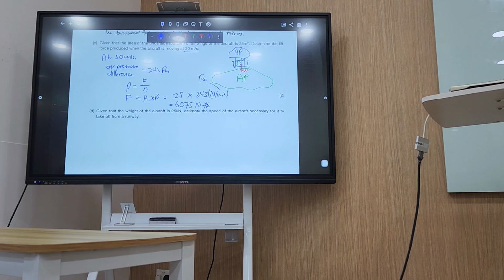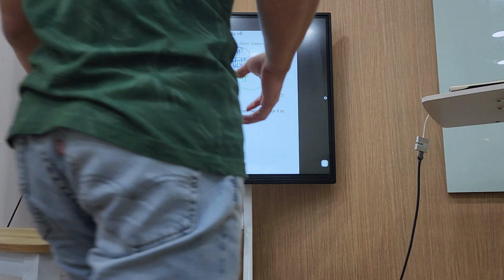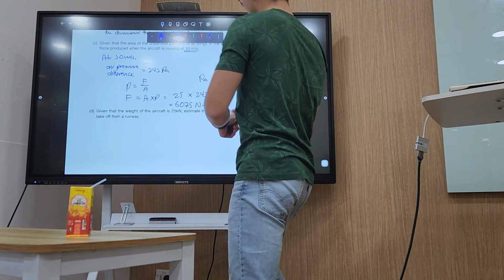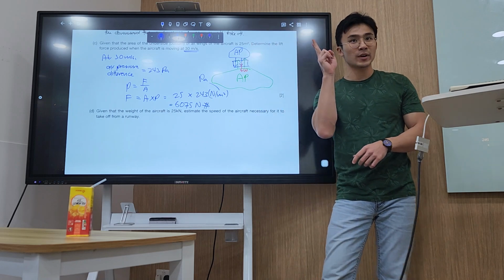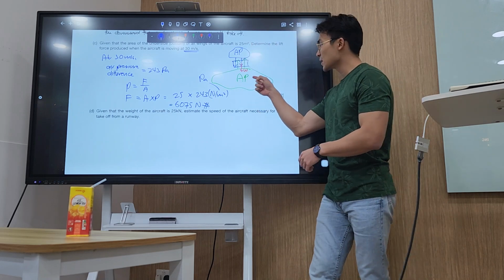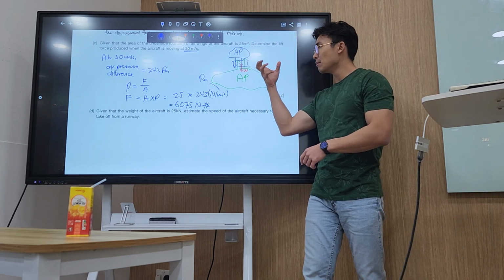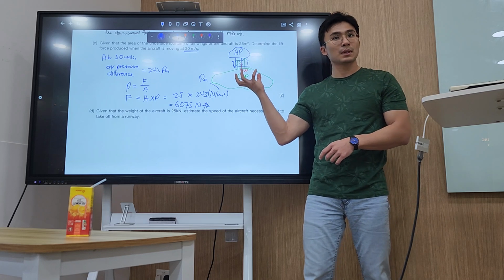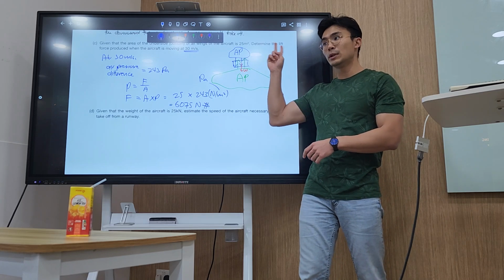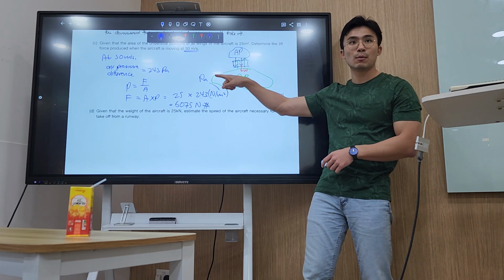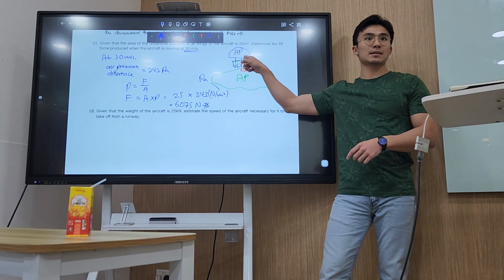Okay guys, so your green upward force and your downward forces. You have one upward, two downwards. Your upward is caused by the air pressure below the wings. Of your two downward forces, one is weight, the other is the air pressure above the wings.